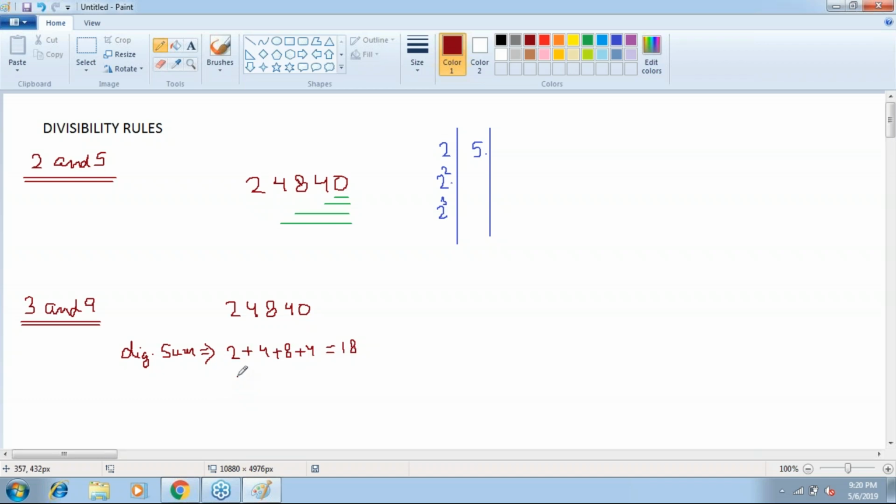Now for the digit sum, I need to add 1 and 8 also. I got 9. If the digit sum of any number is 9, only then is it divisible by 9. And if it is divisible by 9, it is definitely divisible by 3.